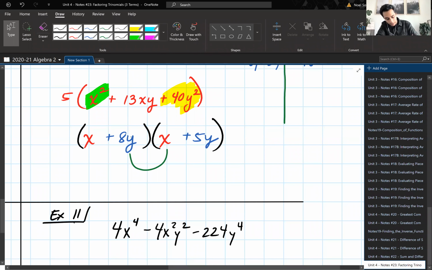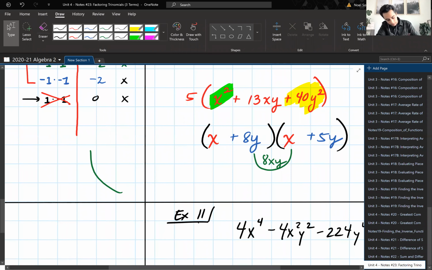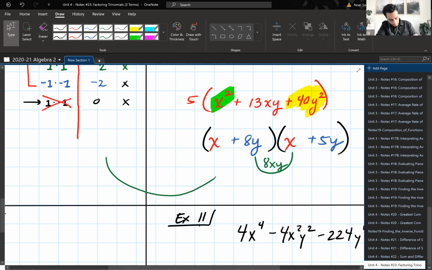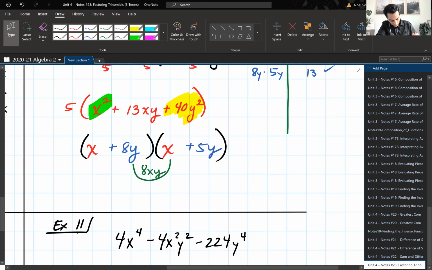you get 8y times x. So what's another way of saying that? That's 8xy. When you multiply x times 5y, that's a positive 5xy.